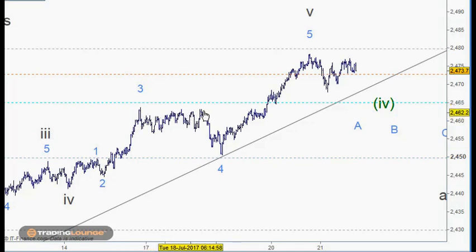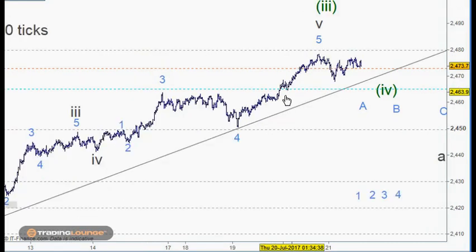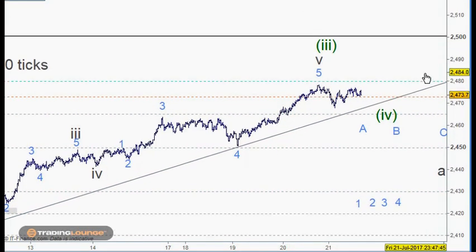It never made a top up through here again. So I've got to look at this as 1 and 2 and 3, an A and a B and a C for 4 here. And then that leaves us with this move up here. I won't go into detail, but this is a 100 tick chart. I've been on the 20 tick chart, and that's fine.